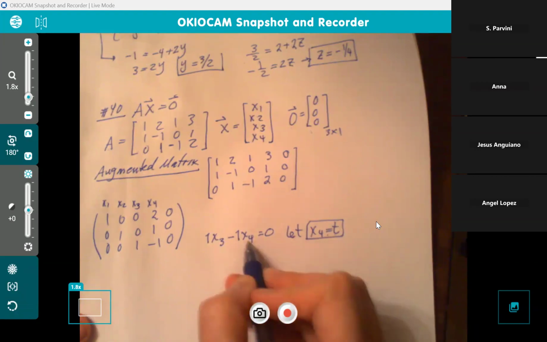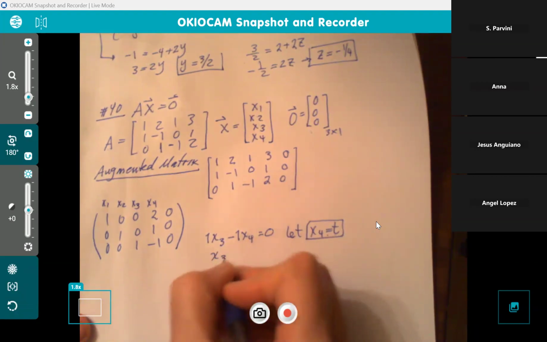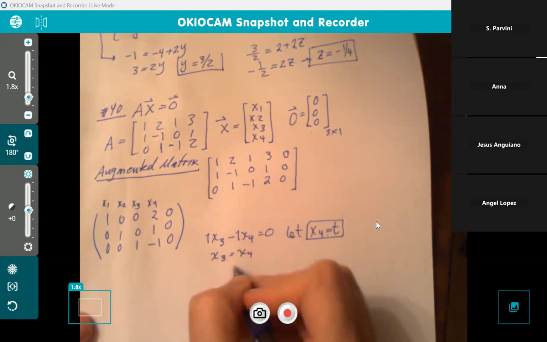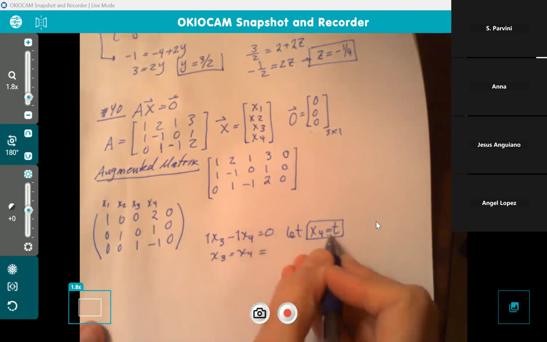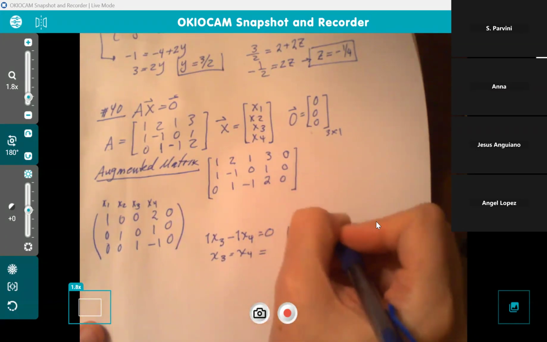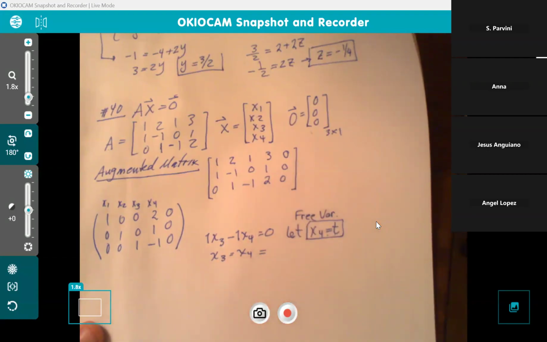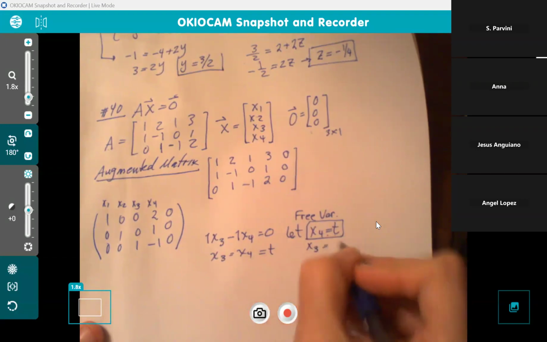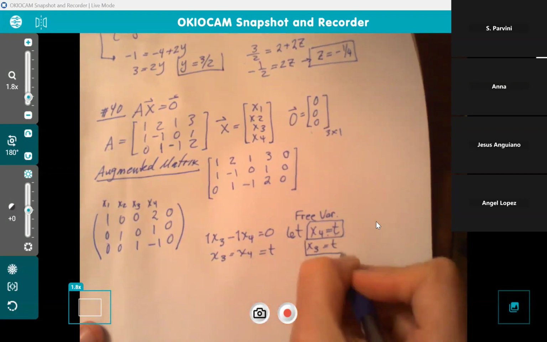Once x sub 4 is t, can I solve for x sub 3? Right, move this over and replace x sub 4 with t. This is our free variable. So that's going to be t. Therefore, x sub 3 is t also.